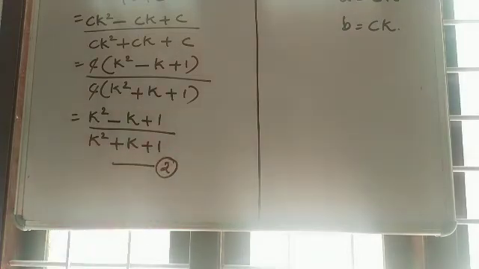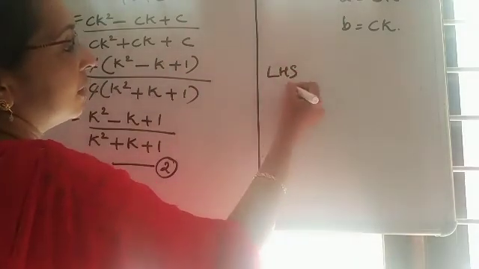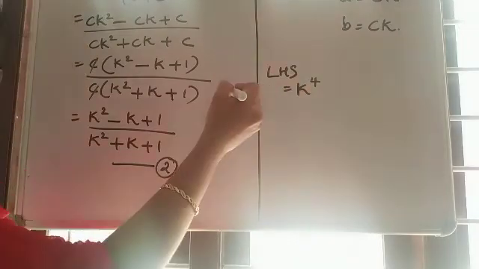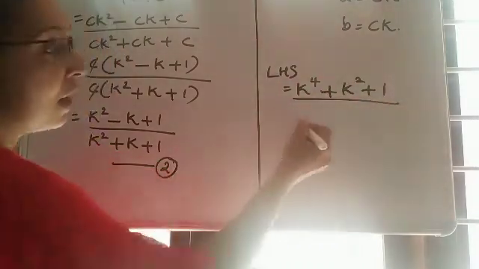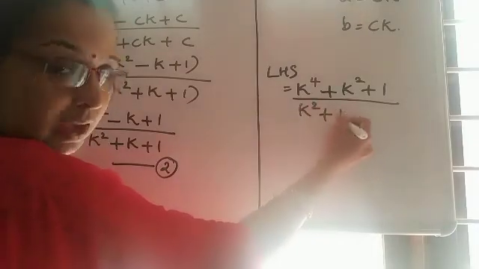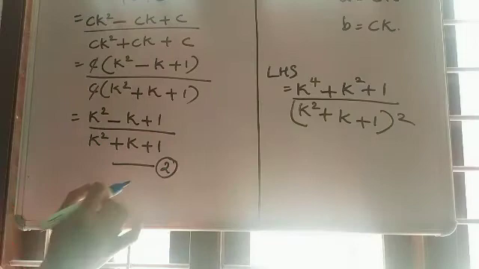Already we got equation number 1. That only we adjust, no? Before equation number 1, what did we get? The LHS part was equal to k raised to 4 plus k square plus 1 divided by k square plus k plus 1 the whole square. No, this is the LHS part.